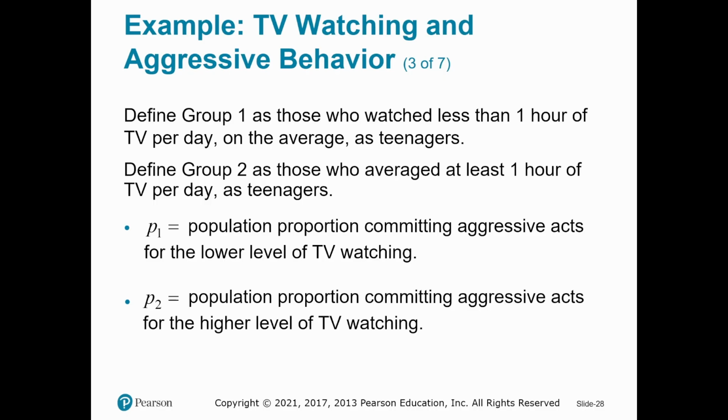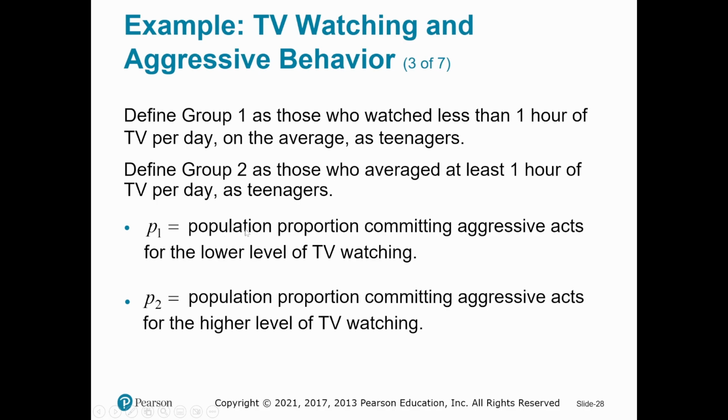So define group 1 as those who watched less than 1 hour of TV per day on the average as teenagers. Define group 2 as those who averaged at least 1 hour of television per day as teenagers. So p1 is the true population proportion.